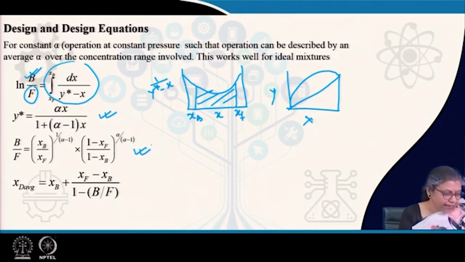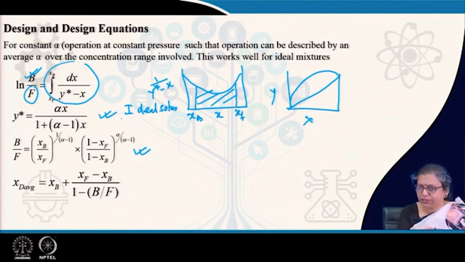Now, this is applicable for ideal solutions, and particularly when alpha does not vary much during the process of distillation. Initially, if xb is not known to you, then you calculate the alpha at the bubble point of the feed, and then you use that alpha.